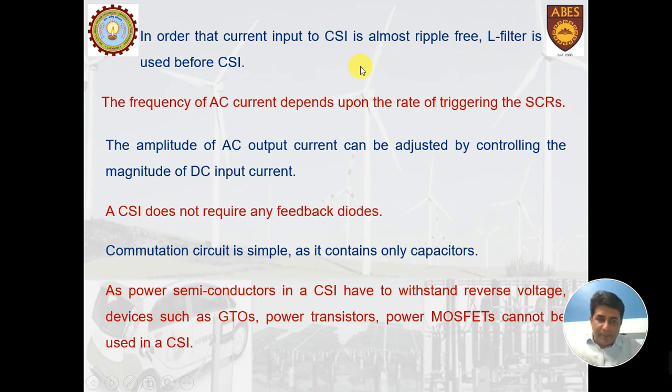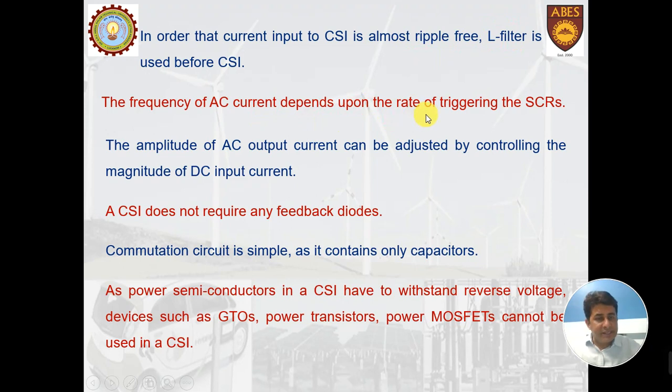The purpose of the capacitor at the input side in a VSI is to filter out the ripples in the input DC voltage. Whereas in a current source inverter, with the source in series, you will find an inductance connected, and this inductance filters out the ripples contained in the current.